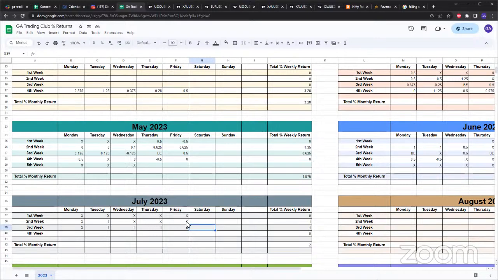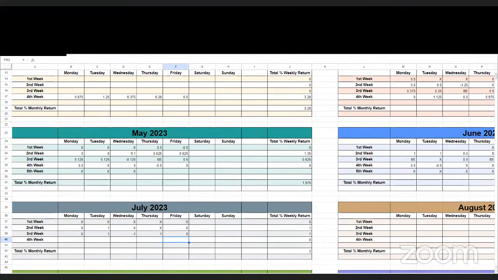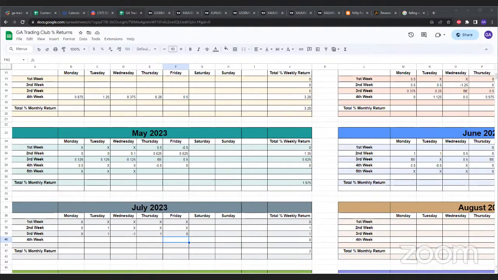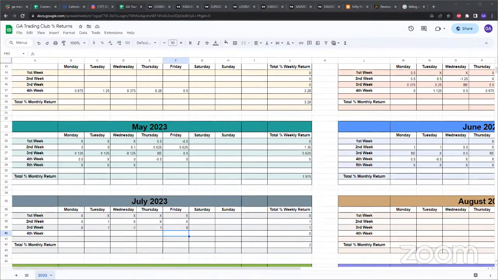Last week, I thought we had live sessions. Give me 1 second, because X should symbolize times we didn't take any trades. So this would have been the 14th, 13th, and 12th. So the 14th and 13th, we definitely had live sessions, but we didn't take any trades. So this should be 0.